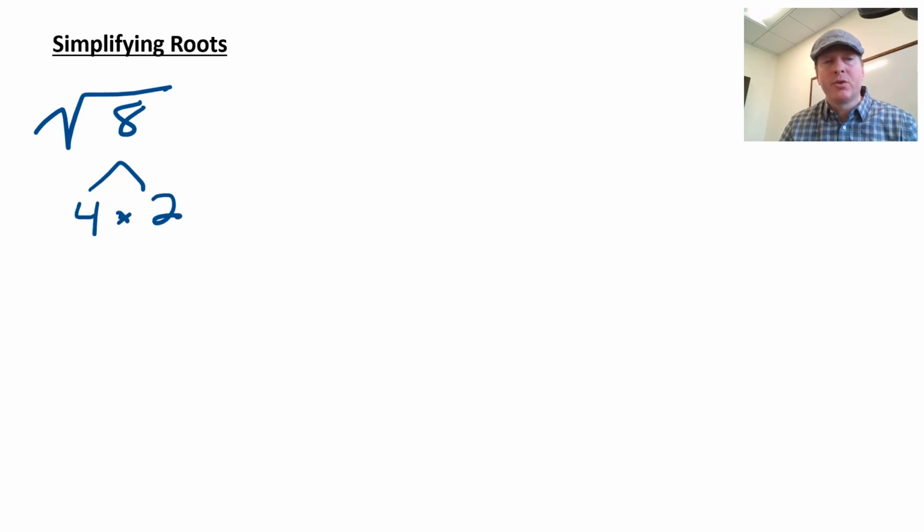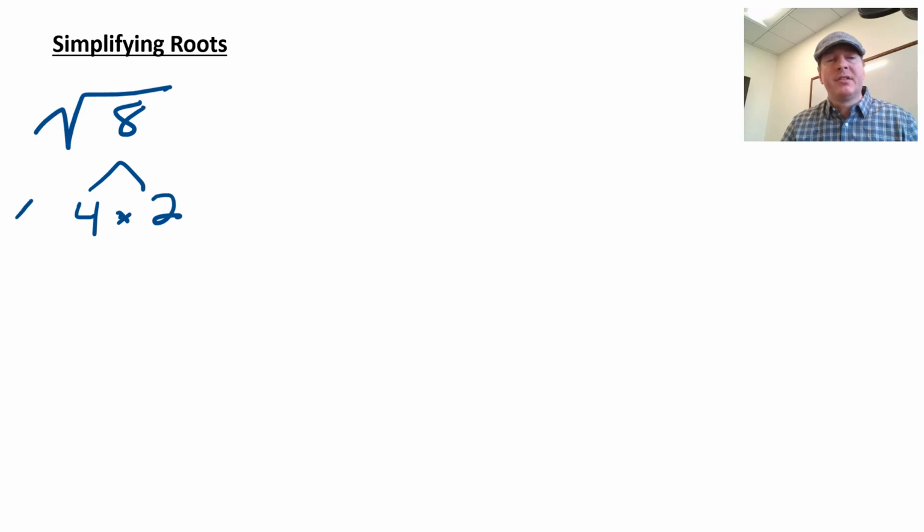Let's talk a little bit about simplifying roots. What does that mean? Suppose I wrote the square root of 8. Well, there's a different way I could write that. I could ask myself, does 8 have any factors, any divisors? Is it divisible by anything that is itself a perfect square? Yes, 8 is 4 times 2, and 4 is a perfect square.